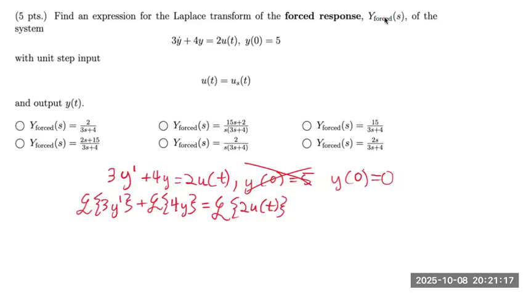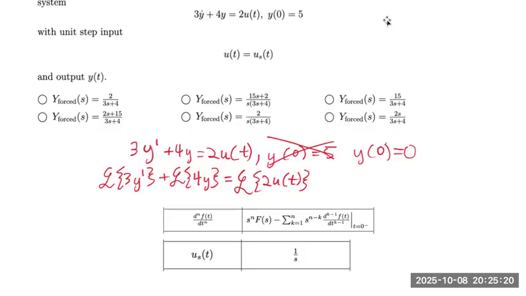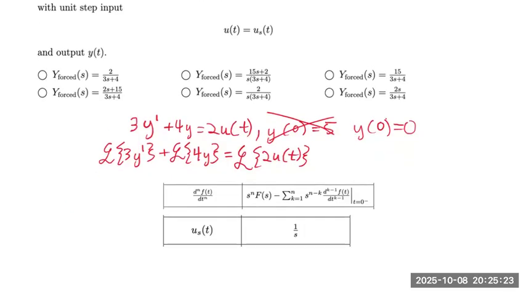So the Laplace of 3y prime, using the formula we just looked at, the n power over here is going to be equal to 1, so we'll have s to the power of 1 times Y(s).